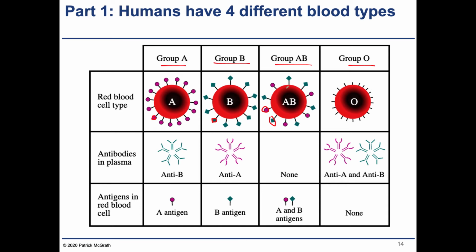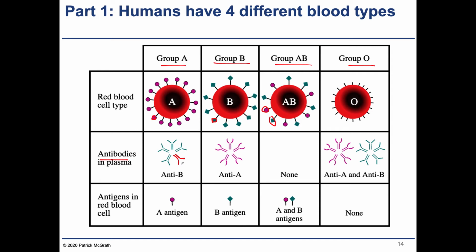And so what happens is that your body also has this immune response. So they also have antibodies that recognize these antigens. So the way it works is that this little shape right here indicates that there's an antibody. And these particular antibodies recognize certain things.